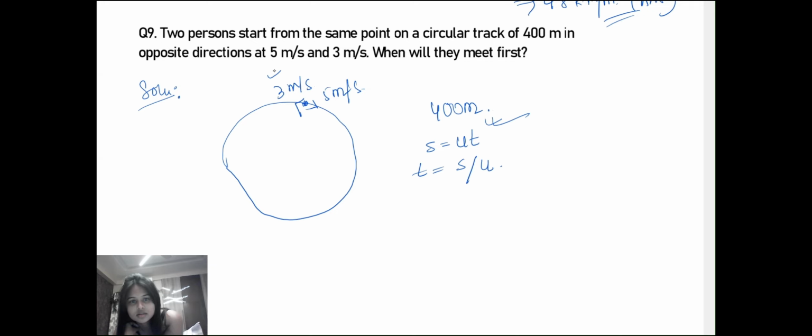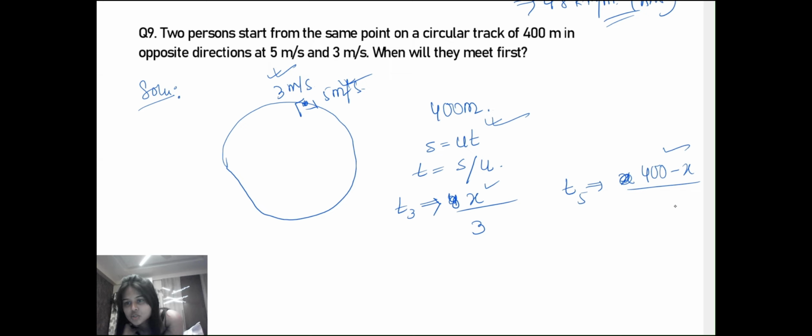Now for this person, time is x by u. U is 3. And for this person, we'll get 400 minus x, because the track is of 400 meters. We have taken this x. So 400 minus x divided by 5.